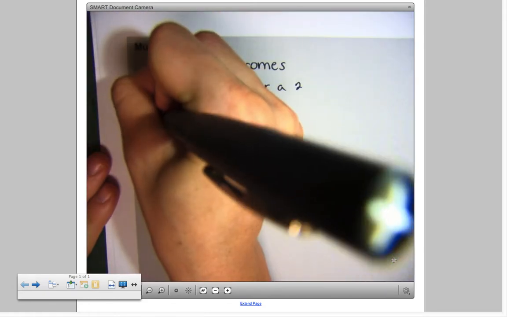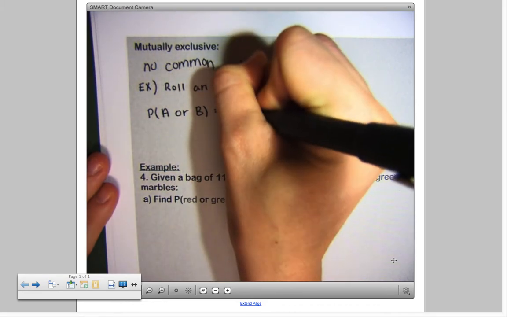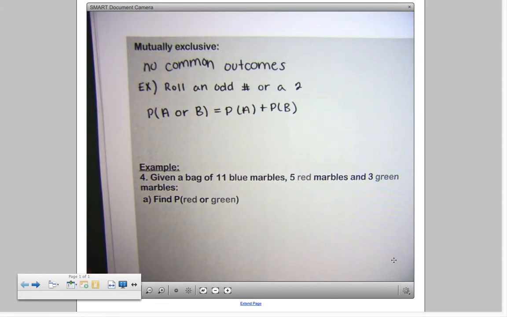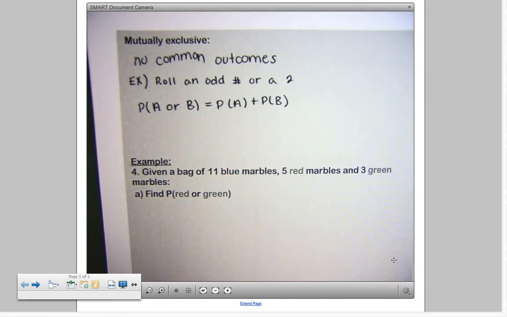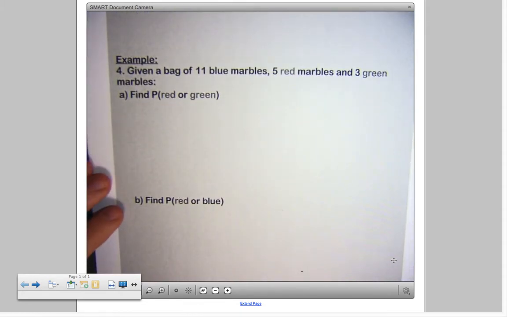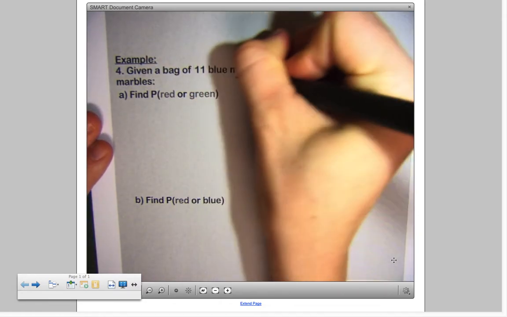And this formula would be probability of A or B equals probability of A plus probability of B. Alright, so for example, we are given a bag of marbles: 11 blue, 5 red, and 3 green. Okay, so we know we're going to have to find the total, so that's just what I'm going to do first.